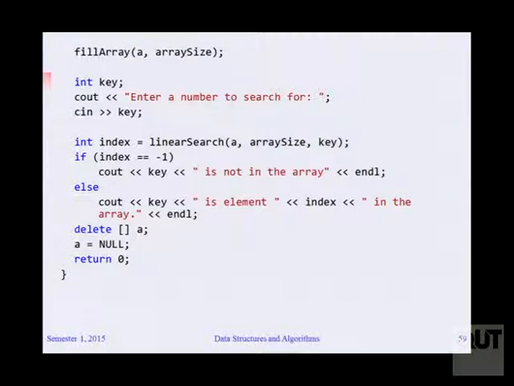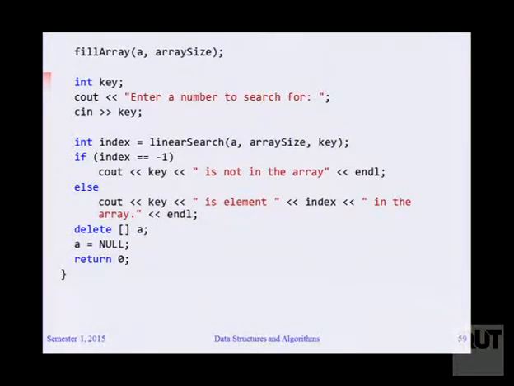That's why we have a second parameter, this array size. So we pass 10 in this instance, and for the given key, for example, maybe the key is 30, we search for 30 in the array. And then we output, saying if the search was successful, the array's location, the index is so and so.